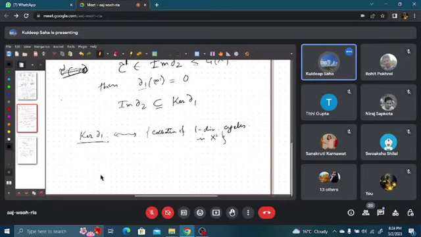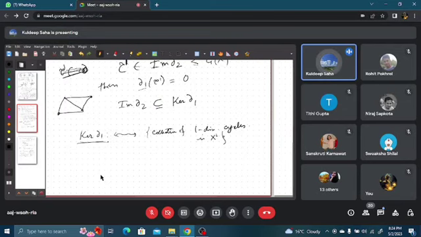For example, take this CW complex or simplicial complex where I have 4 zero-cells, 5 one-simplices, and only one two-dimensional simplex.